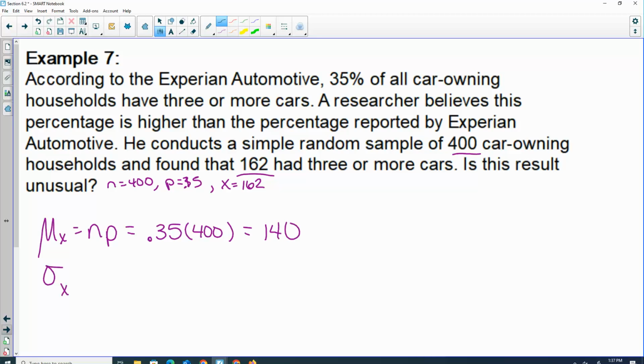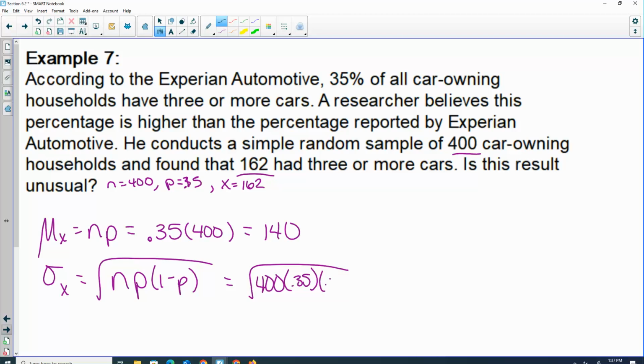Standard deviation is the square root of n times p times 1 minus p. So 400, 0.35, 0.65.